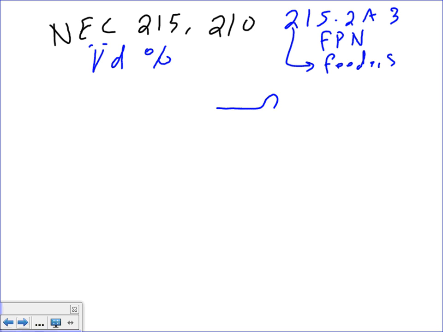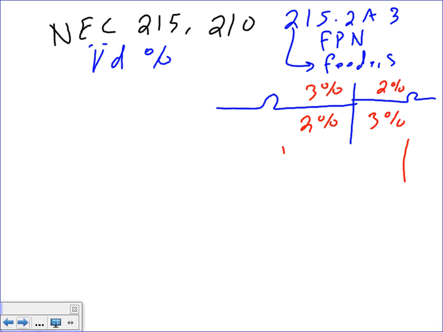And let's just do it this way. Here's my piece of equipment. Here's the second piece of equipment. It will tell you, if you read through it, it says 3% here, 2% here, or 2% here, 3% here, for a total of no more than 5%. And what is this and what is that? This is feeder. Anybody knows what this is?